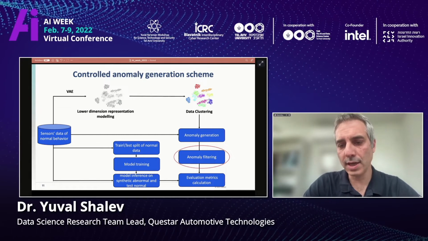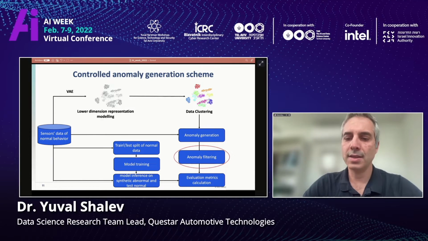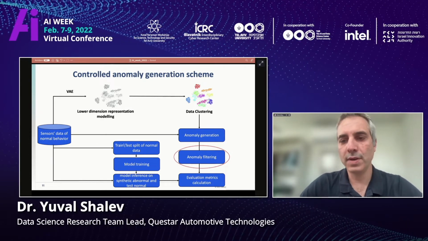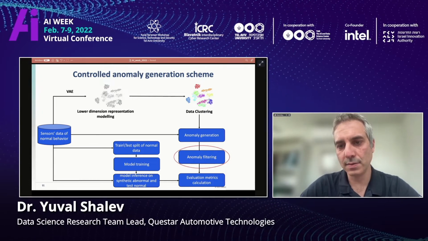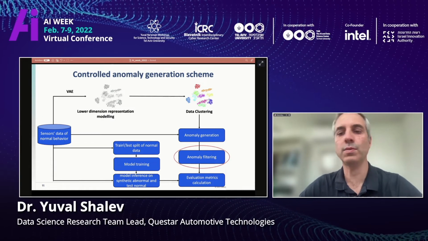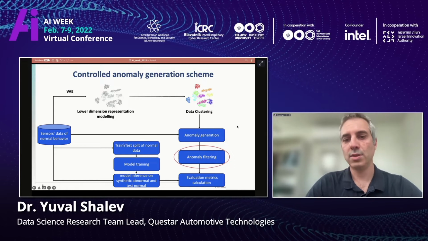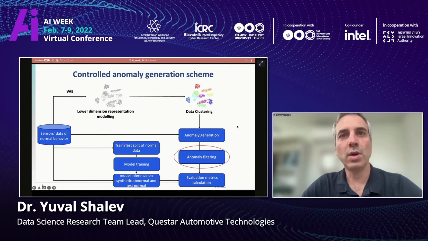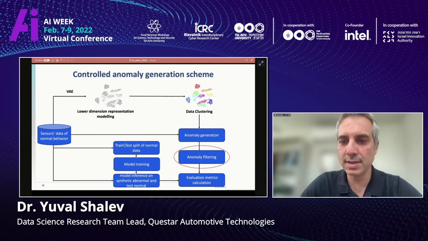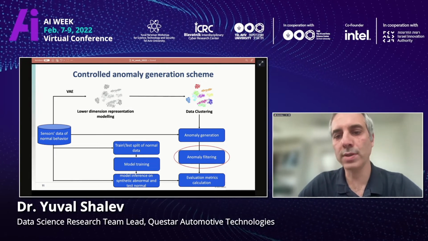So here we can apply a filtering scheme. The filtering scheme can be done in many ways, but we decided on the distance of each anomalous point that we generated from the center of each cluster that we just generated here. So we can filter and say that we want only anomalies that are within a certain distance from the closest cluster.